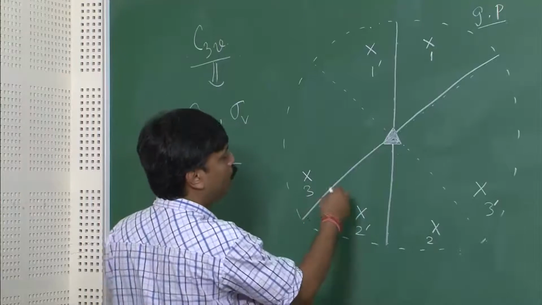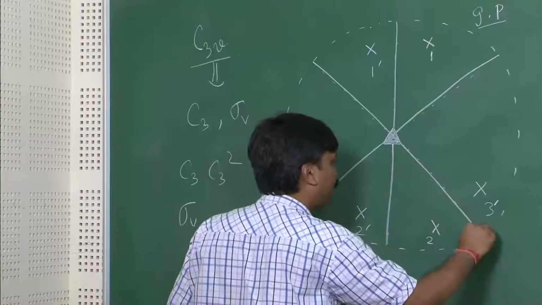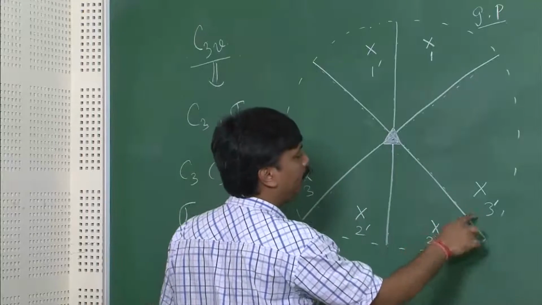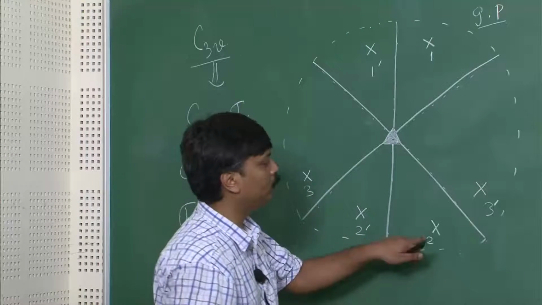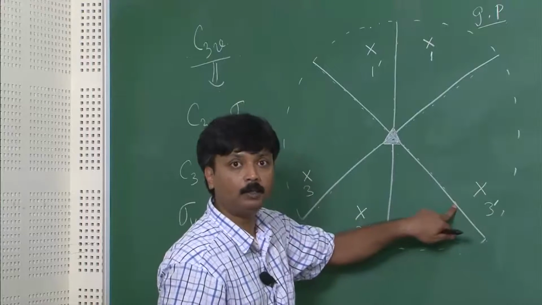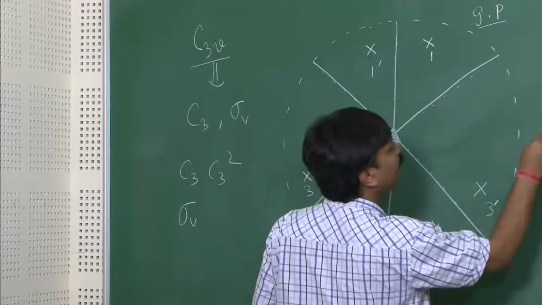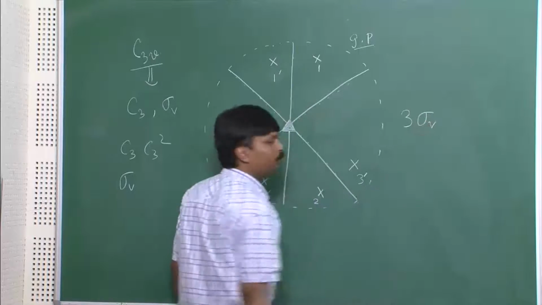If you draw it properly, it will be much clearer. And x2 and x3 prime could be generated from x2 through a reflection on this particular plane. So, what we get is a total of 3 sigma v's, fine.